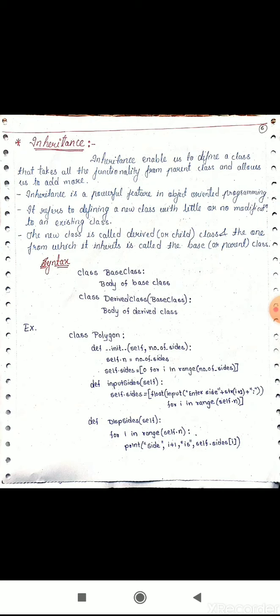So instead of writing this code again and again, I have a facility to use the already written code in the new class by using the concept of inheritance. Now let's see how we are going to use it.